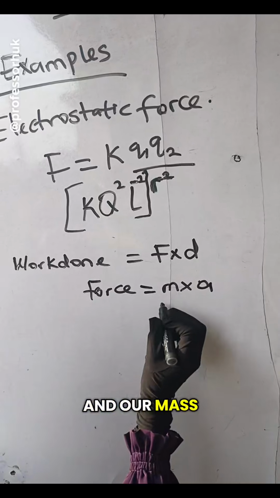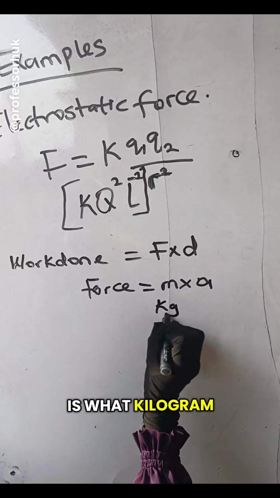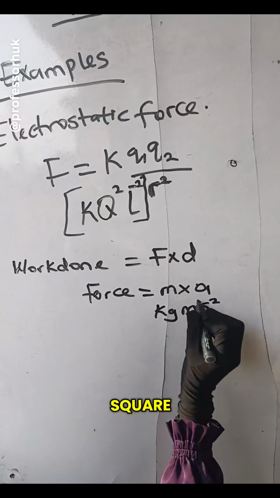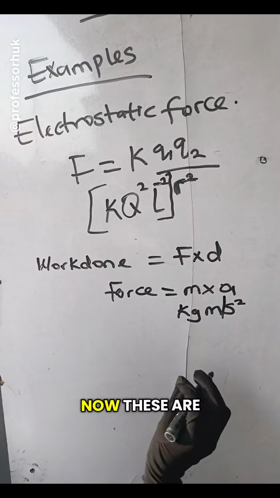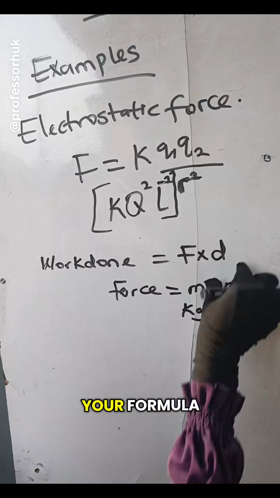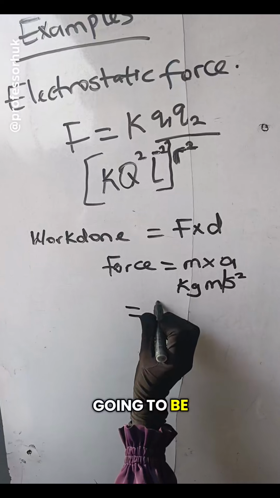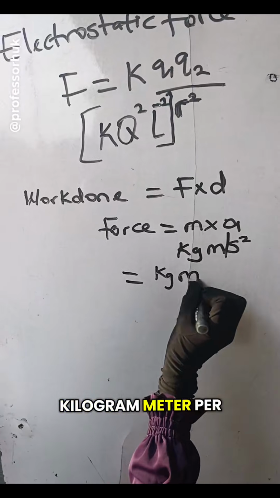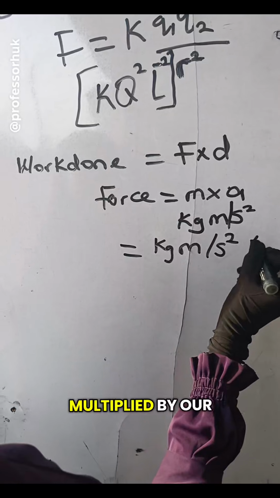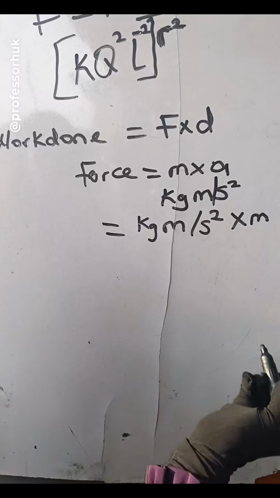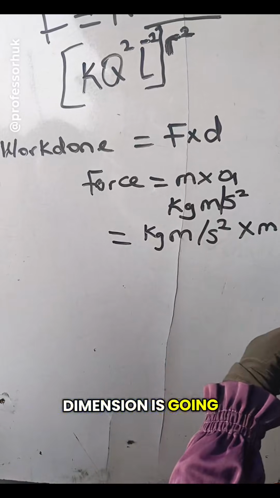And our mass is what? Kilogram. Our acceleration is meter per second squared. Now, these are what we are going to add into the formula. We have work done is now going to be kilogram meter per second squared multiplied by our distance, which is meter.